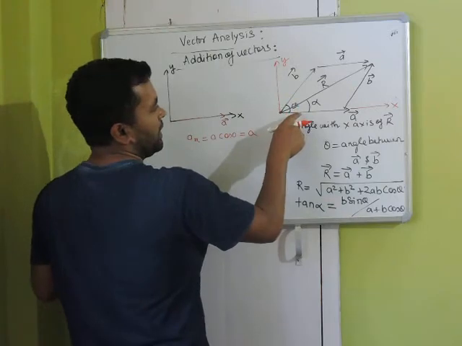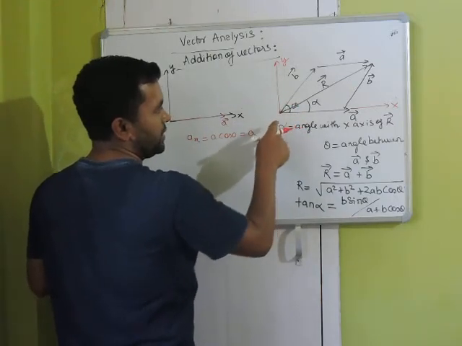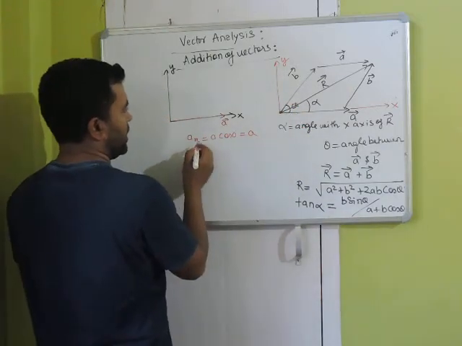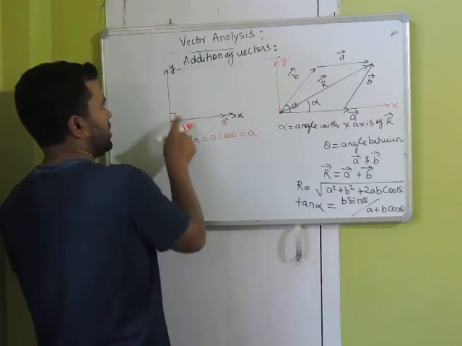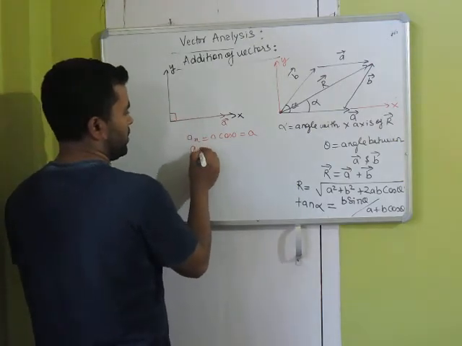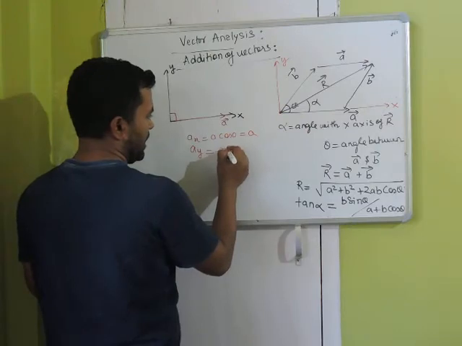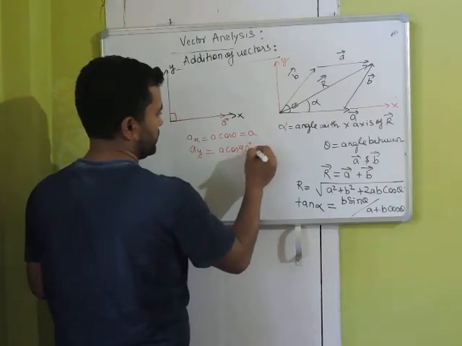What angle is A making with y? 90 degrees. So Ay will be A cos 90, which is 0.